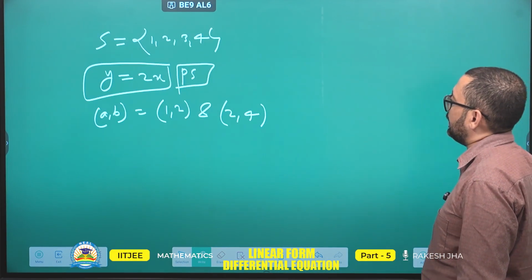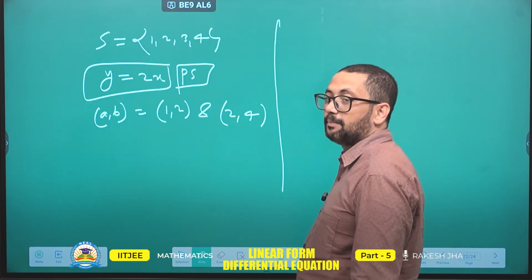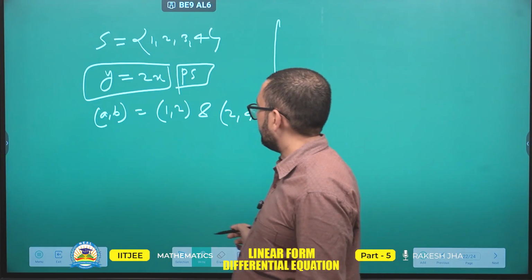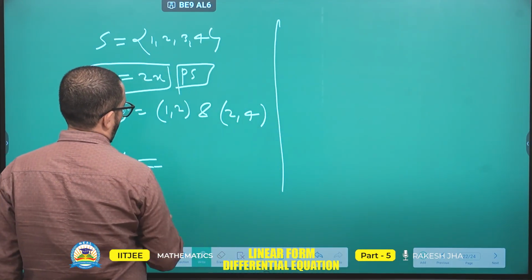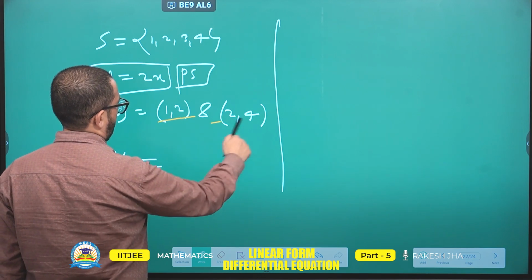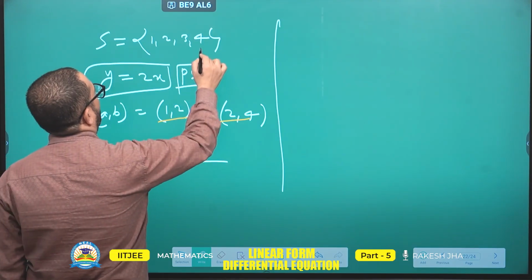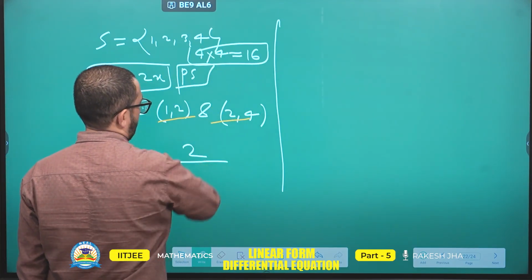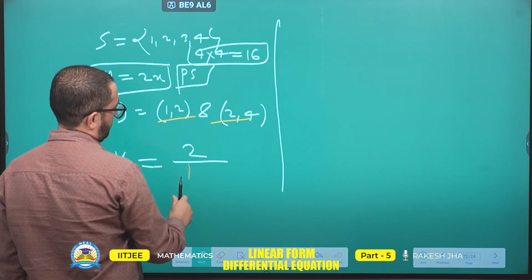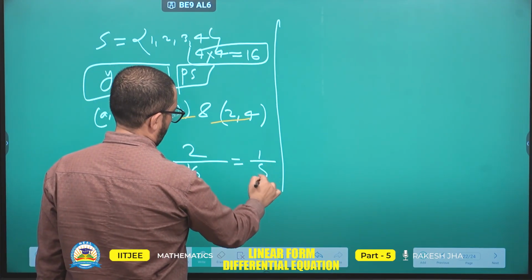So basically it's asking about the probability of this event. So k is nothing but favorable cases, that is 1 comma 2 and 2 comma 4, upon total, that is 4 times 4, that would be 16. That would be the sample space of this question. So 2 upon 16 goes to 1 over 8.